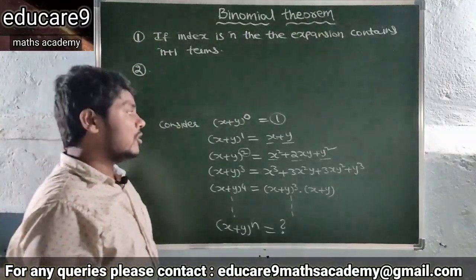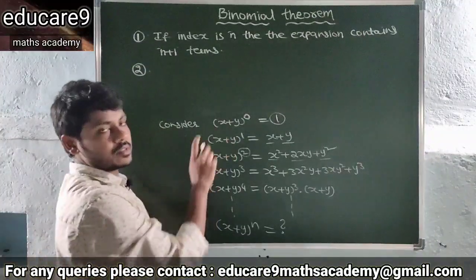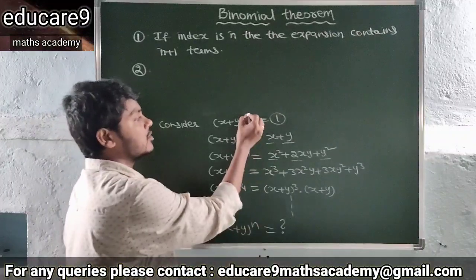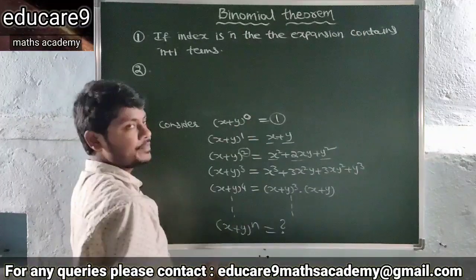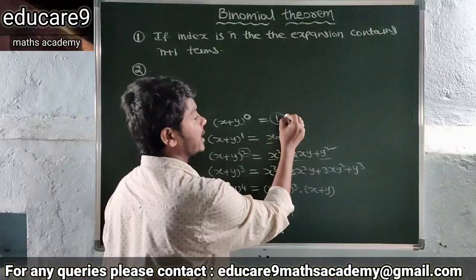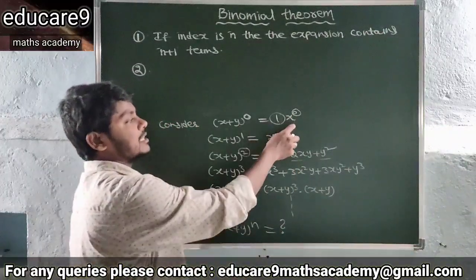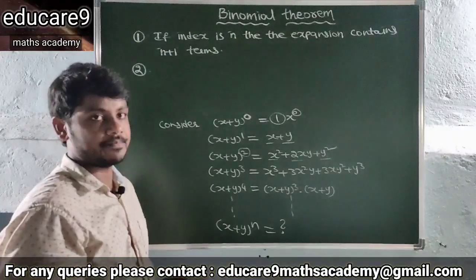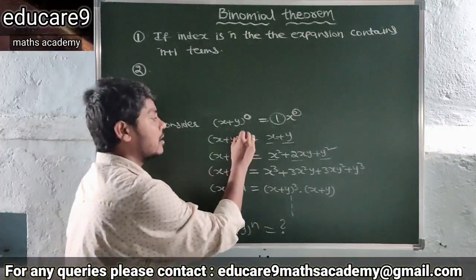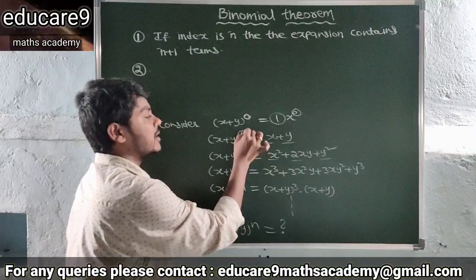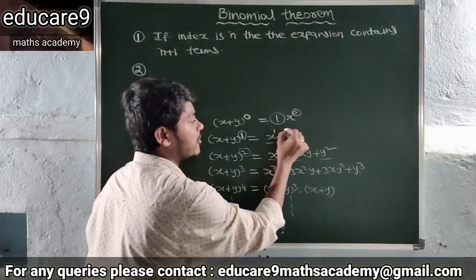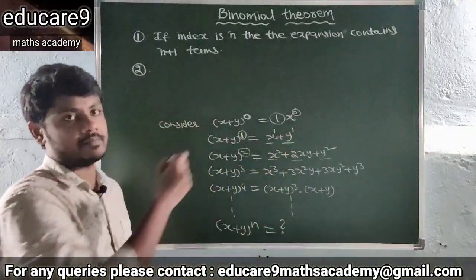And the second condition. What is the degree of this expansion? Clearly the degree is 0, and on the right side it is 1 into x power 0, so the degree is 0. Both LHS and RHS degrees are equal. In the second one, the degree is 1, and here also x power 1, y power 1, so the degree is the same.